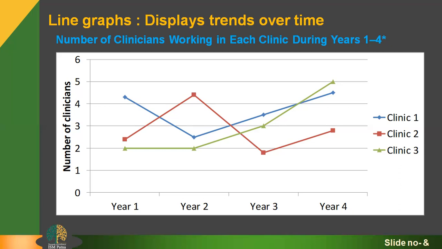Though it is lowest in comparison to the 3 clinics in the fourth year, it is still higher than its own record of the third year and the record of clinic 3 of the first and second year. So this kind of interpretation reflected by the visuals is very easy to understand, to discuss, and to plan for making decisions. Okay, hope you will be understanding it very clearly.